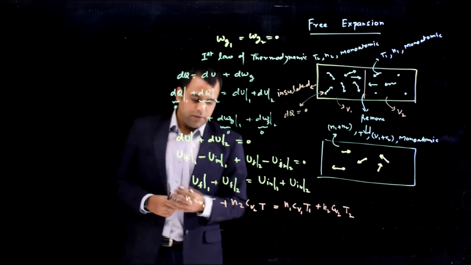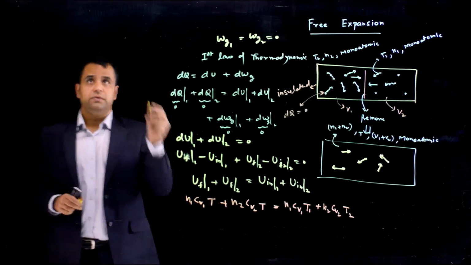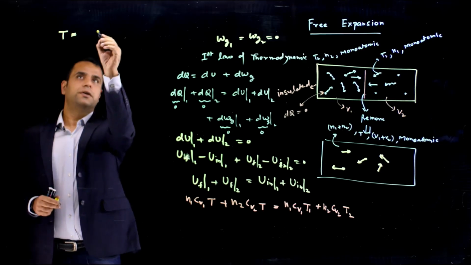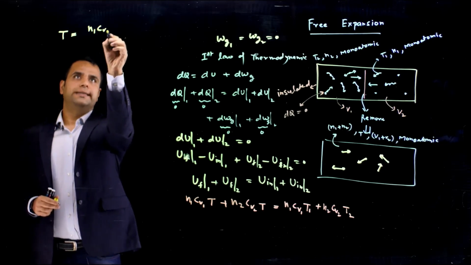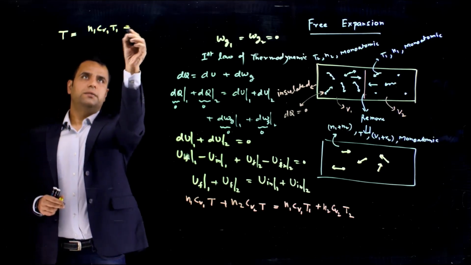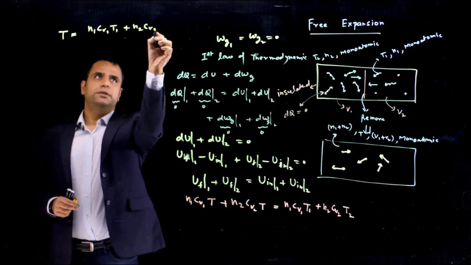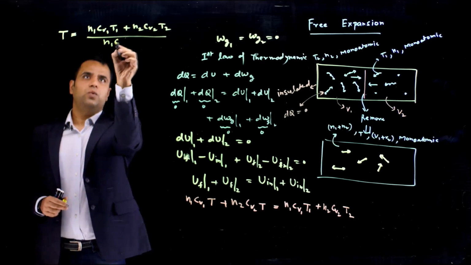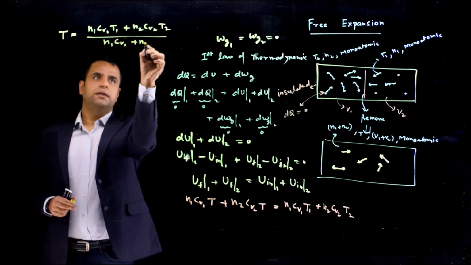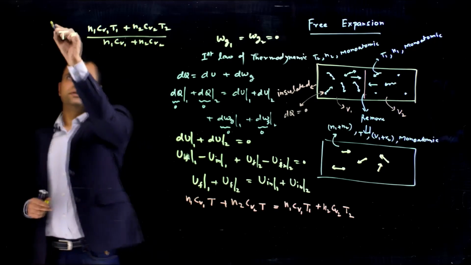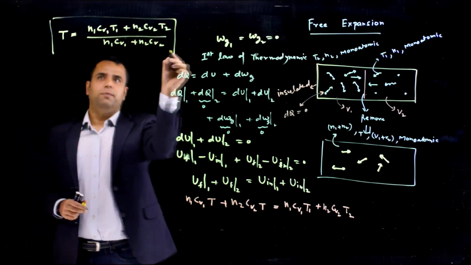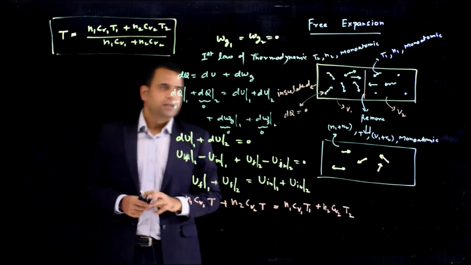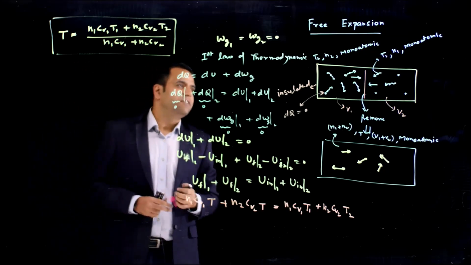We want to calculate the final temperature, so the final temperature will be T equals N1 CV1 T1 plus N2 CV2 T2, divided by N1 CV1 plus N2 CV2. This becomes a general formula.